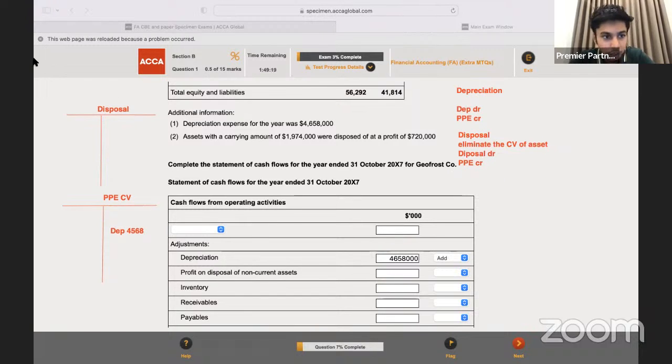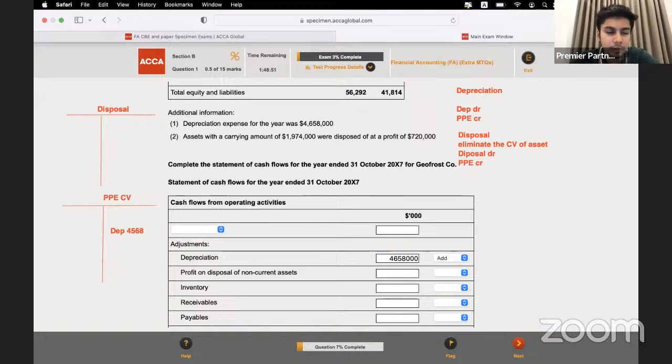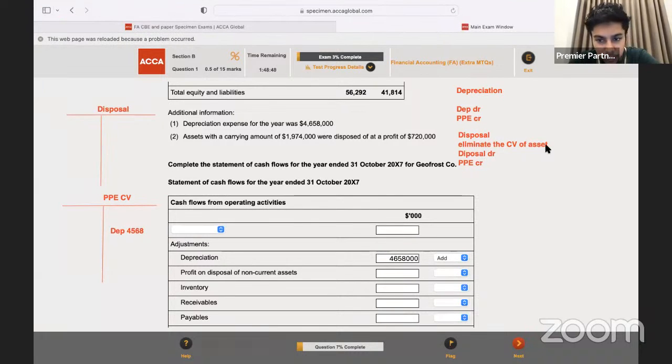Rather than removing cost and provision separately, we will be removing the carrying value directly. So again, guys, remember, in cash flow questions, definitely your PPE will be held at carrying value, no doubt. If the PPE is held at carrying value, these are the two important changes you need to study. First one, depreciation is credited to the PPE account. And during a disposal, step number one will be to eliminate the carrying value directly rather than eliminating cost and provision separately.